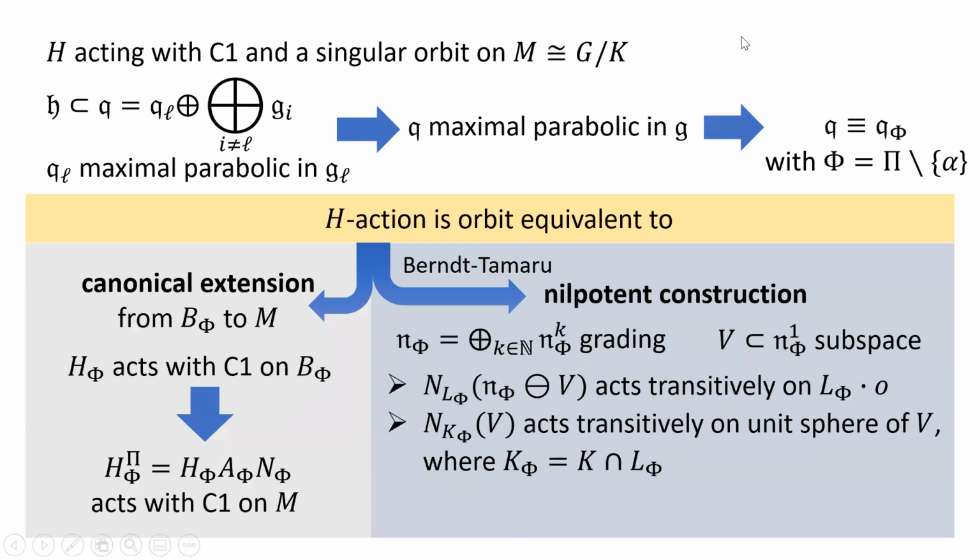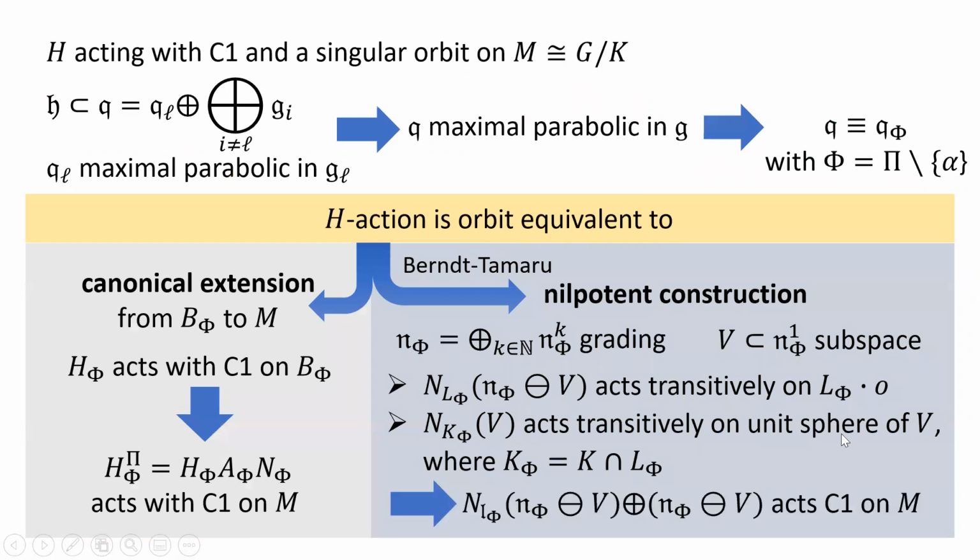I see. So L phi is the corresponding Lie group. Yes, capital L phi is the corresponding Lie group. Here in the last line, I should say the connected group with this Lie algebra.